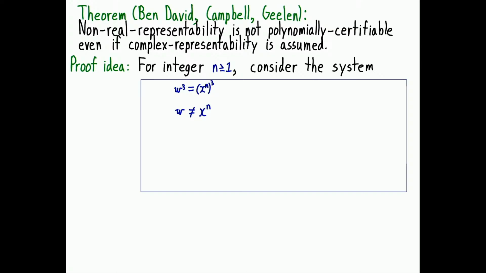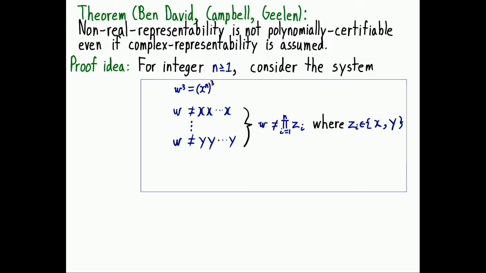So this system doesn't have real solutions, but it does have complex solutions. But to show that this system doesn't have real solutions, you just have to give me these two, polynomial size. It's easy to show or certify that it doesn't have a solution.